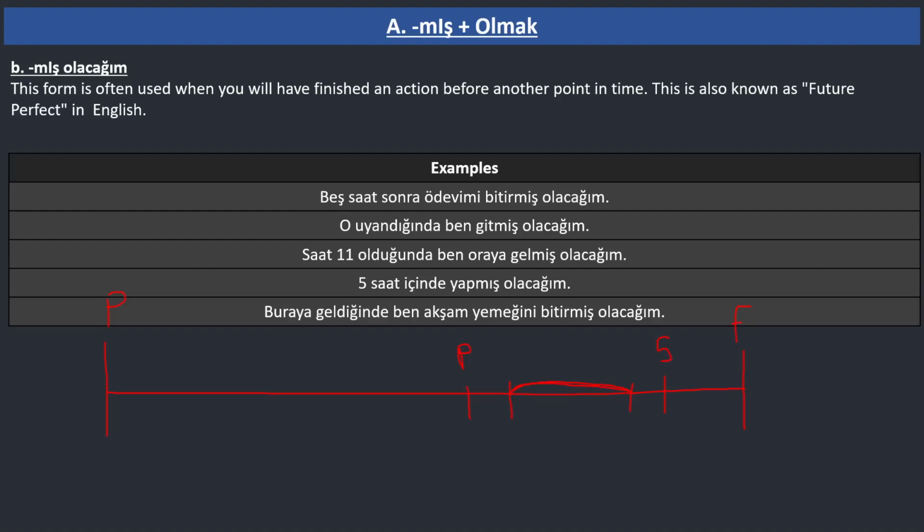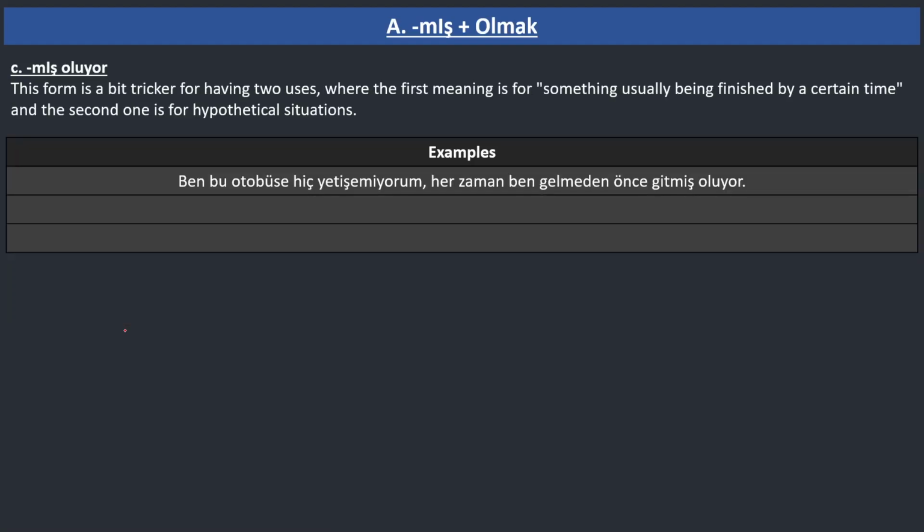I think we can move to the other form with mIş. Mış oluyor. So this time, oluyor. This should be familiar. Oluyor. Continuous.